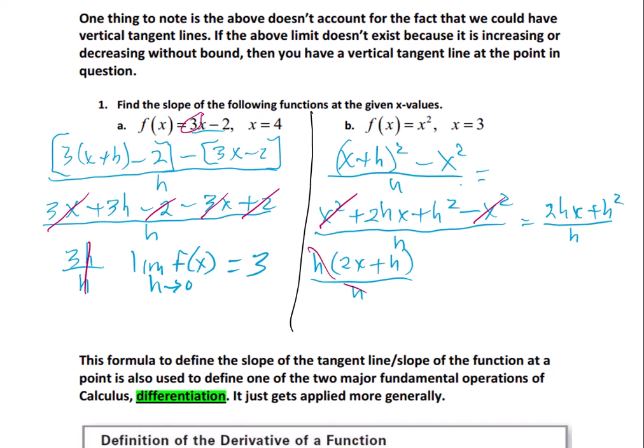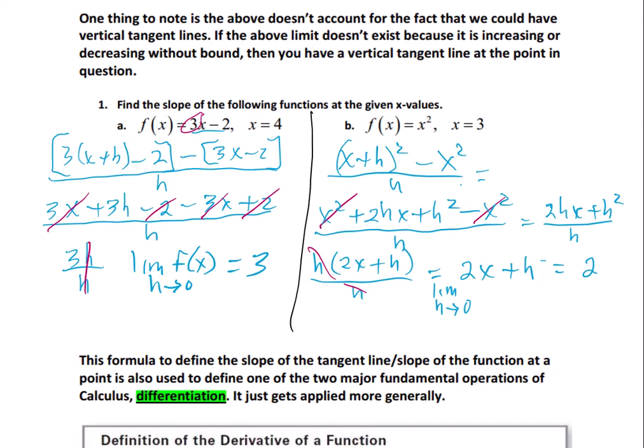I can cancel my h's, which now leaves me 2x plus h. Now we're interested in the limit of that as h is going to 0. Well, when h goes to 0, the limit is just 2x.